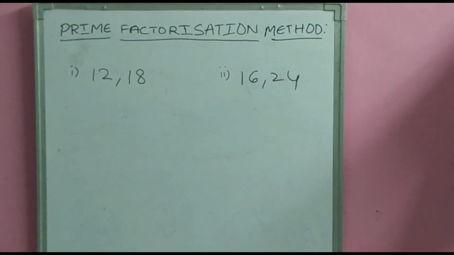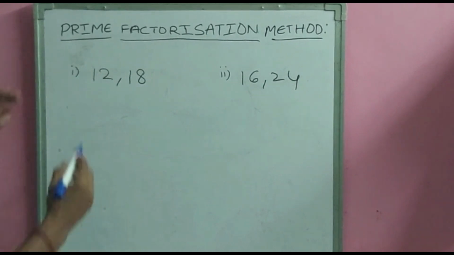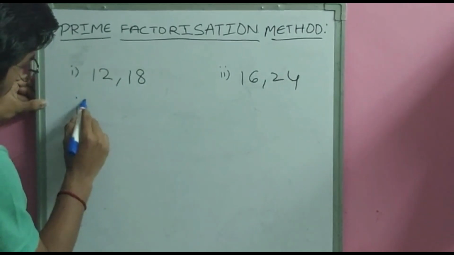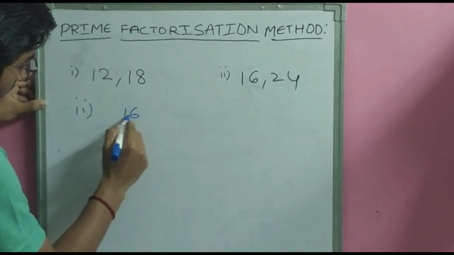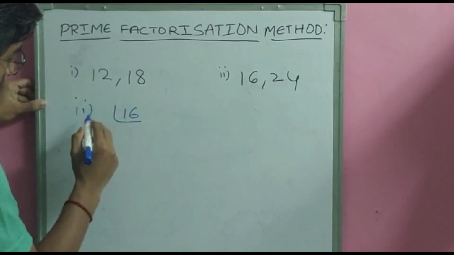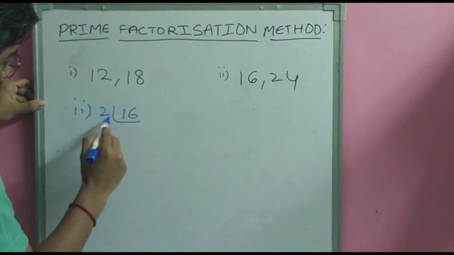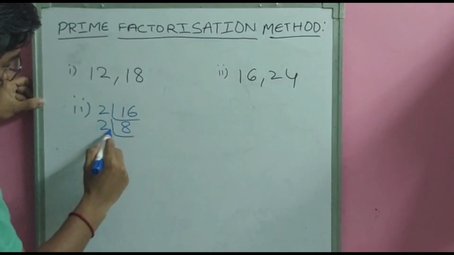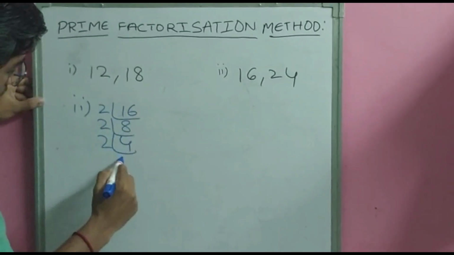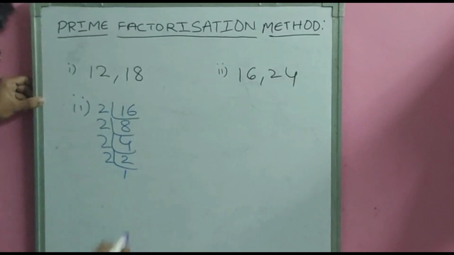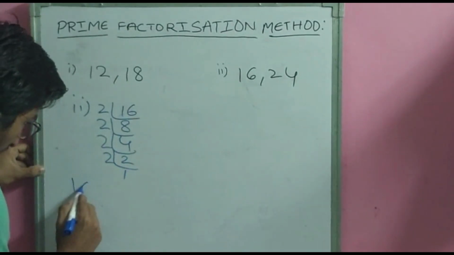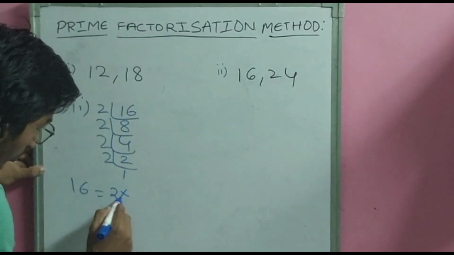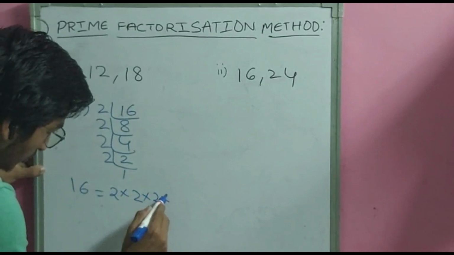Now we look at the second example, 16 and 24. We will first factorize 16. 2 eights are 16, 2 fours are 8, 2 twos are 4, 2 ones are 2. We can write 16 as 2 into 2 into 2 into 2.